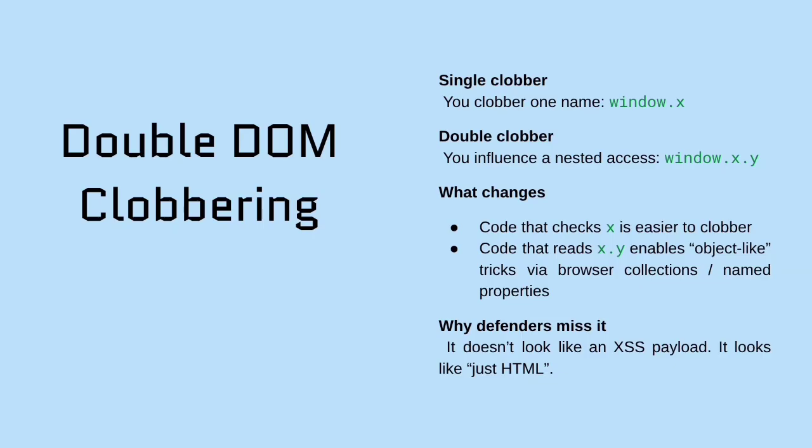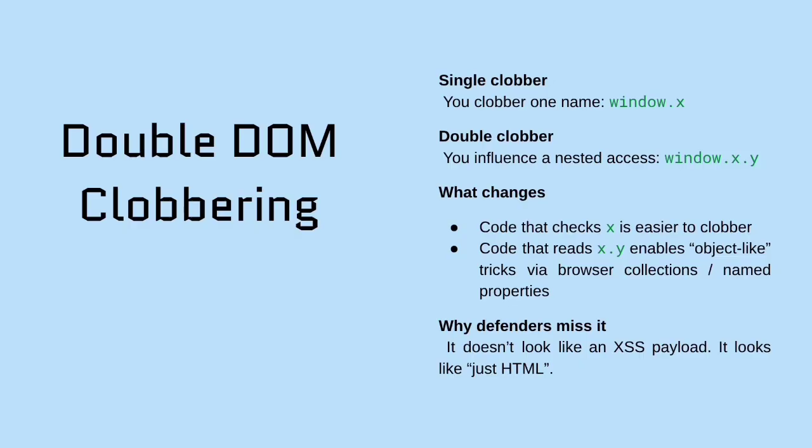What is double DOM clobbering? We know for now the single clobber, the formal DOM clobbering. Let's formalize what just happened in this advanced technique. Double DOM clobbering is required when you need to traverse properties.